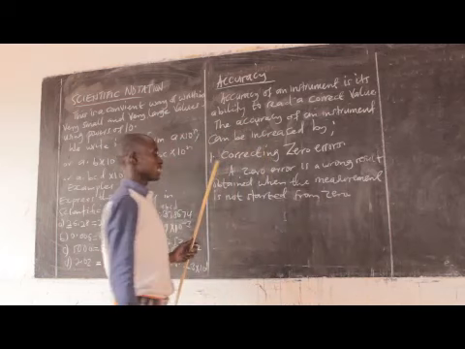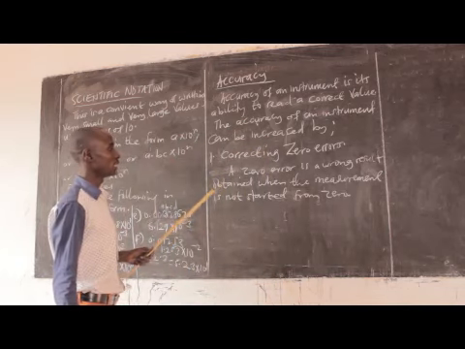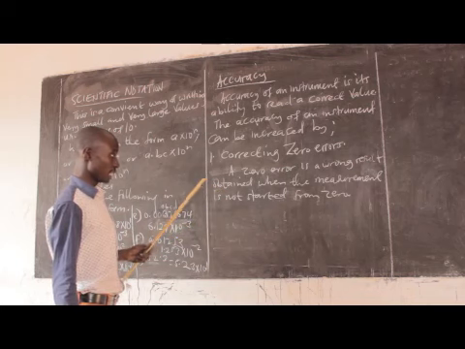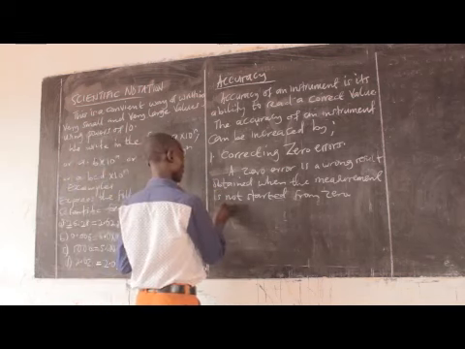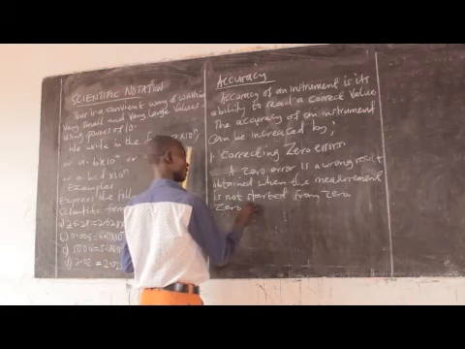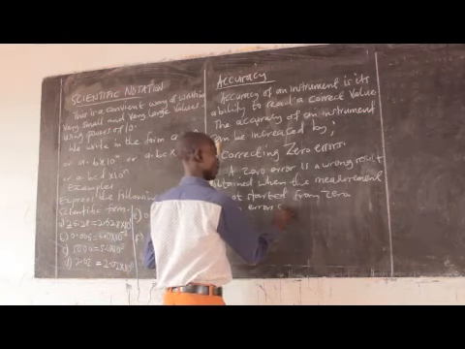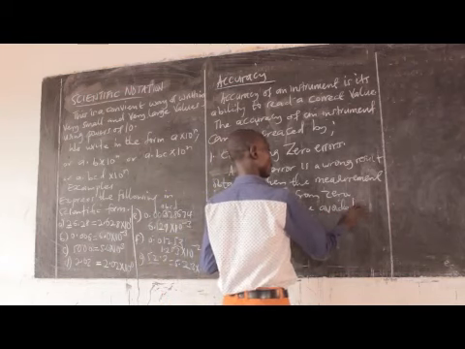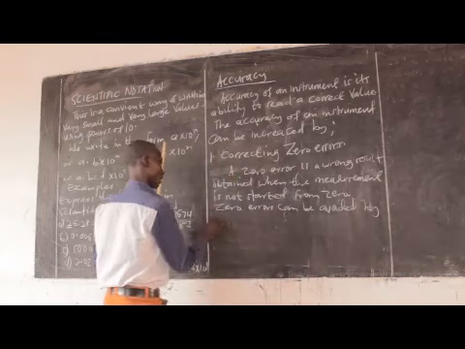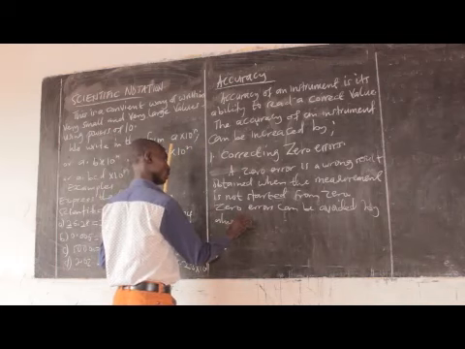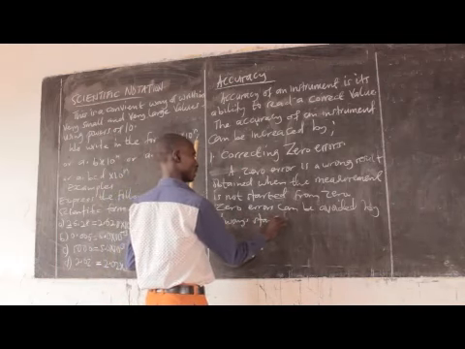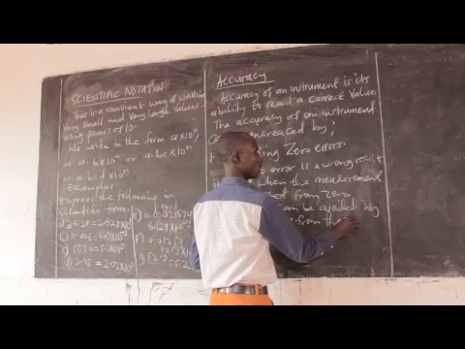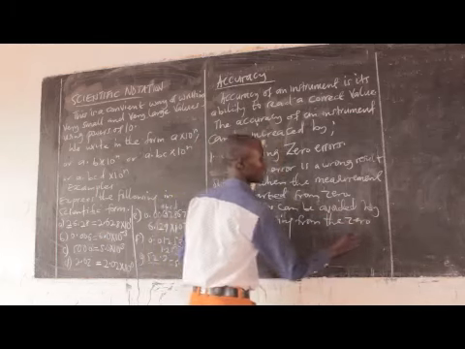You must start from zero when you carry out the measurement. So zero errors can be avoided by always starting from the zero mark.